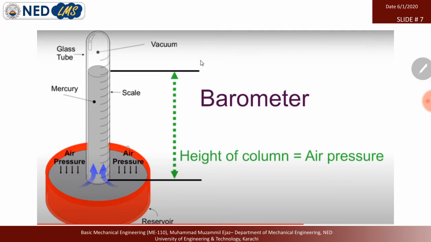When the atmospheric pressure is high, that pressure is exerted on the bottom water and pulls the water up above in this tube, which gives the reading of height, and that can be converted into pressure by the simple formula P = rho g h. When the outside atmospheric pressure is lower, this height also decreases, allowing more air into the bottom level. So by this variation of the level we can calculate the atmospheric pressure.